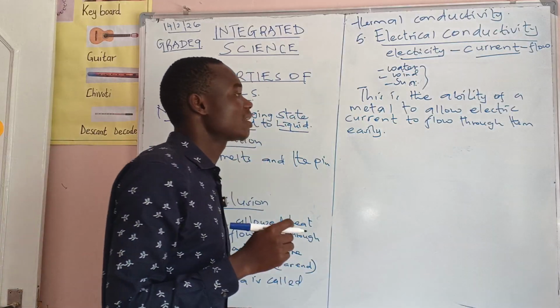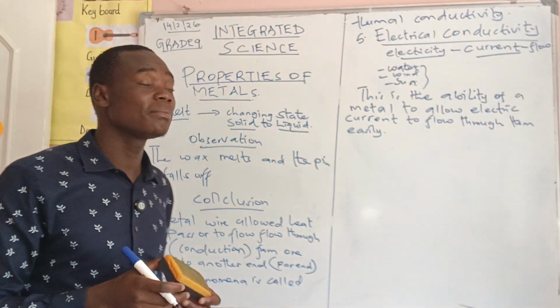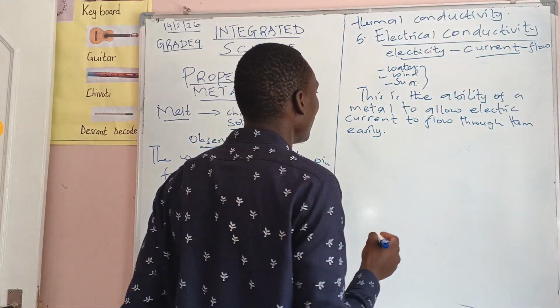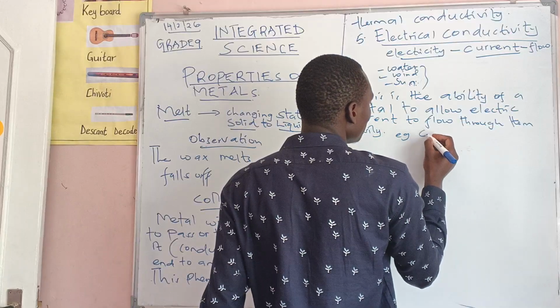The ability of a metal to allow an electric current to flow through them easily.